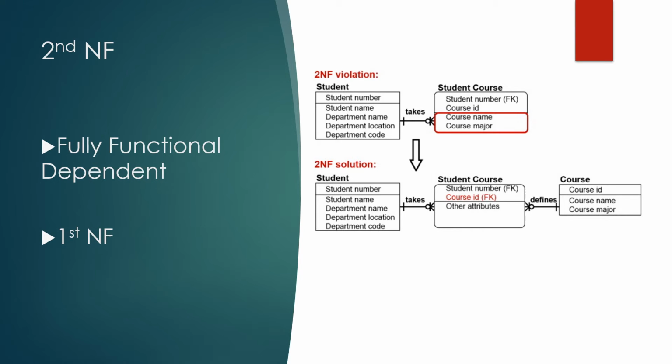In order for the table to be in second normal form, a course table was created to store the course name and course major. If attributes are not dependent on the primary key, place them into a separate entity. Once a table is in the second normal form, we are guaranteed that every column is dependent on the primary key.